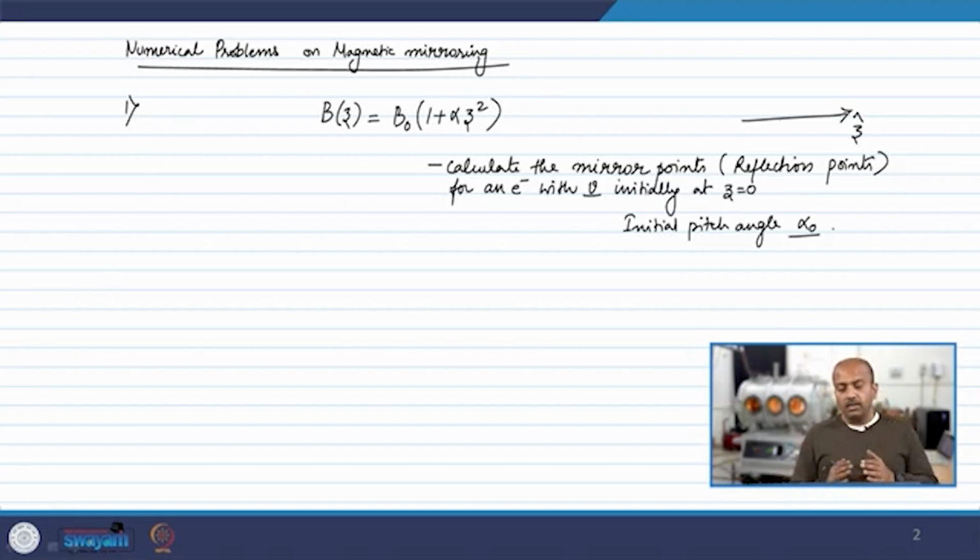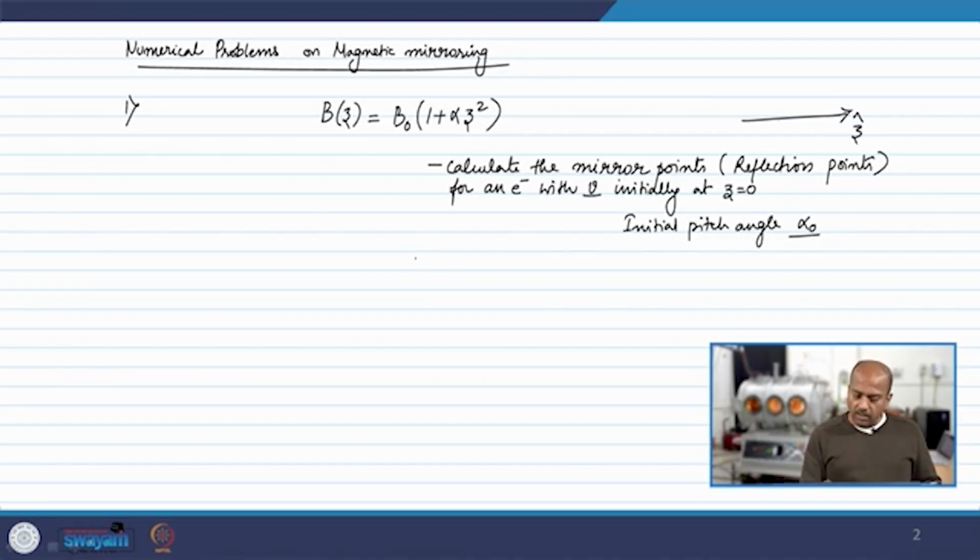Now we have to calculate where exactly the particle will mirror or reflect back in this configuration. When the particle is reflecting back, the only thing that we have to understand is that at that point the perpendicular component of velocity is the only surviving part of the velocity. The parallel component of the velocity becomes simply 0. So we have the pitch angle, which is just a measure of how these two velocities are separated spatially.